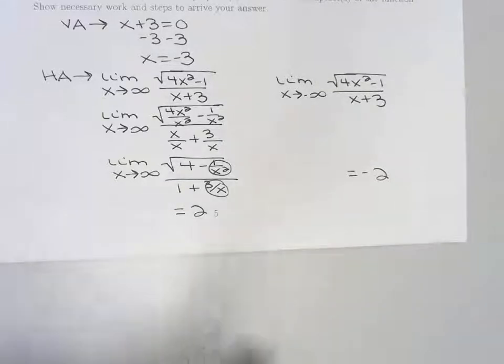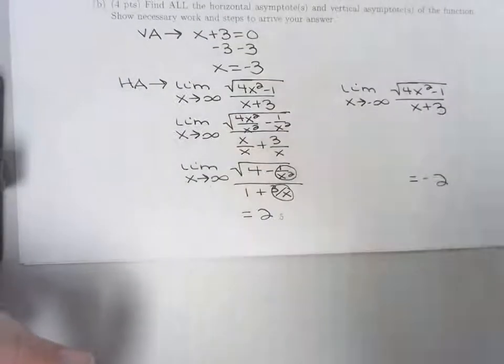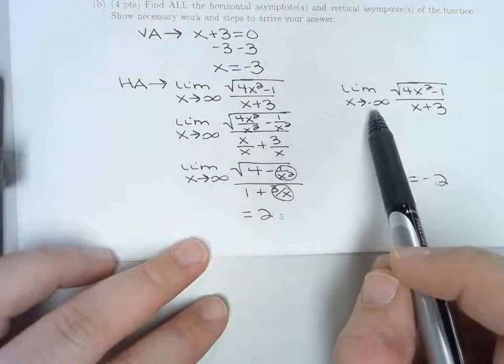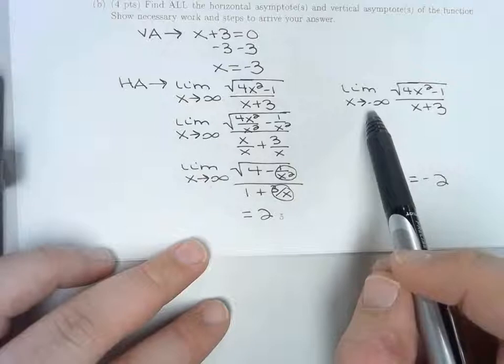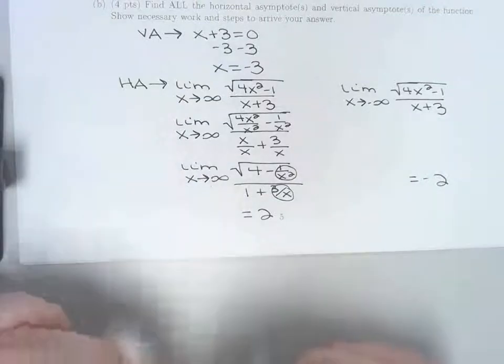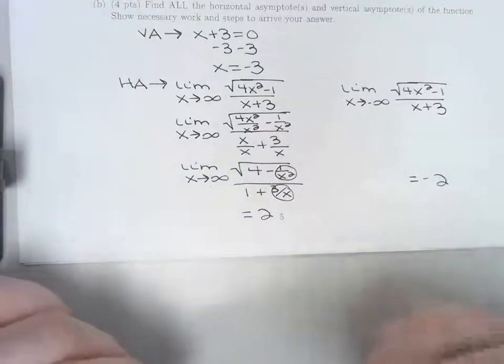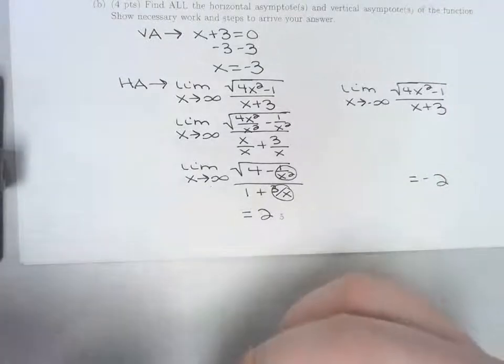But here we did the limit as x goes to infinity versus negative infinity, and on other problems we would do as x approaches this from the right or from the left. How do you know which one to use?